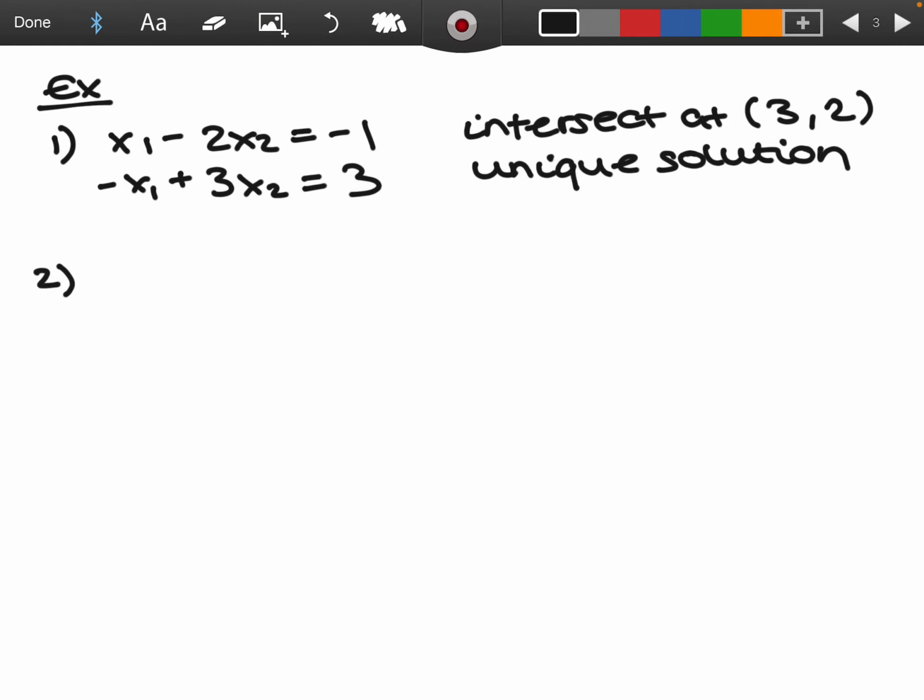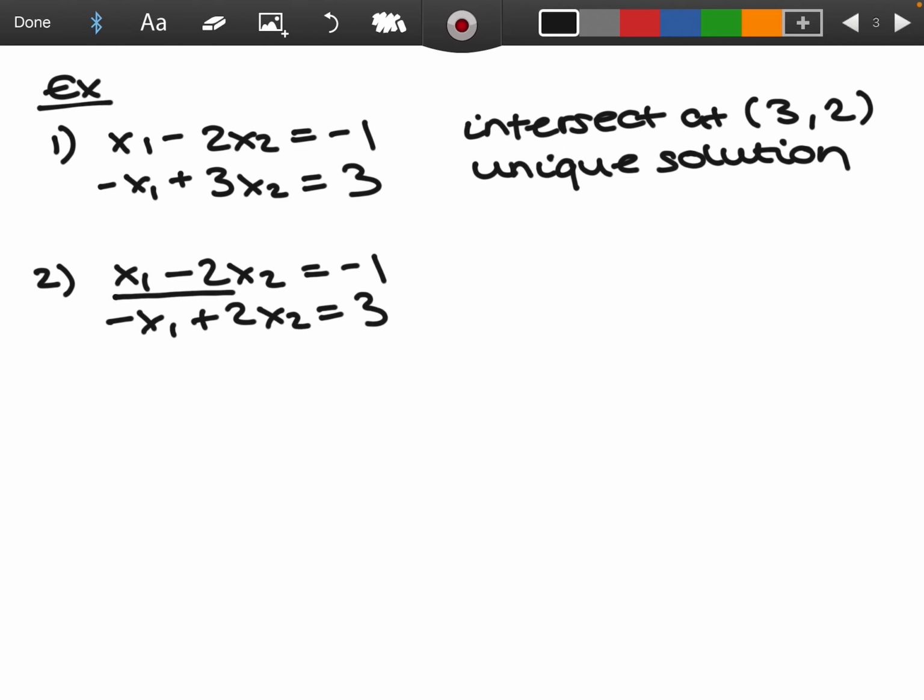Okay. Another example. We have 2 equations here in 2 unknowns, and if we look at the left-hand sides of the equations, the second equation on the left-hand side is just a multiple of -1 of the left-hand side of the first equation.